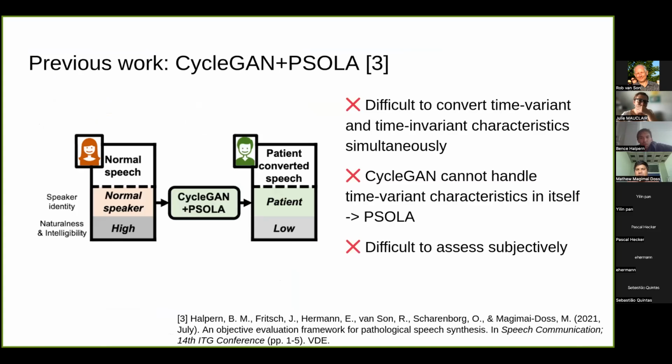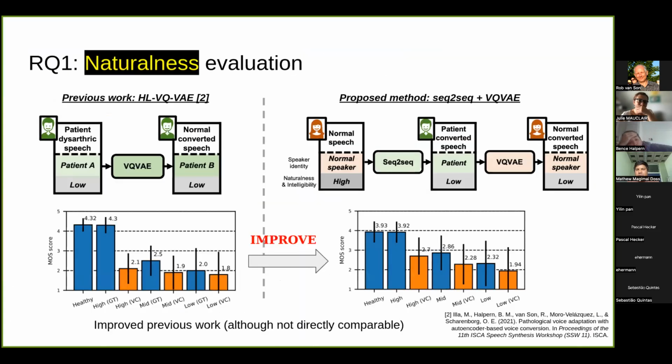Mark's work, which was here, we converted dysarthric speech to dysarthric speech. So in that case, it's more straightforward that the reduction happens because of the naturalness decrease, and not because it's, for example, a different dysarthric speaker with a different severity.